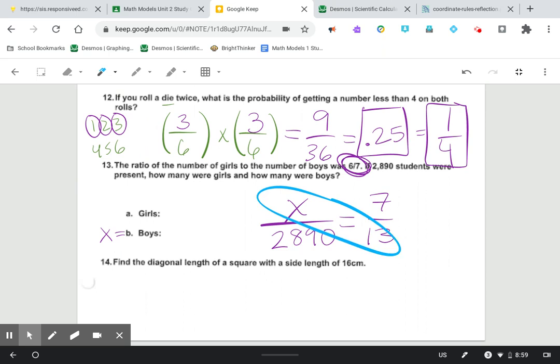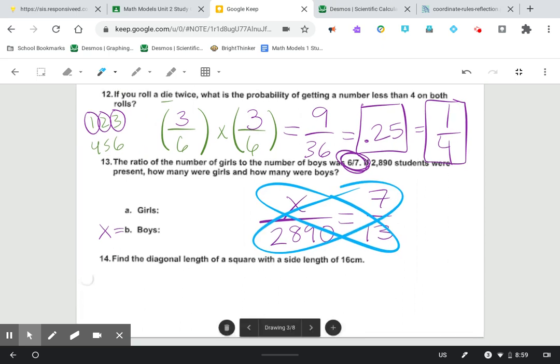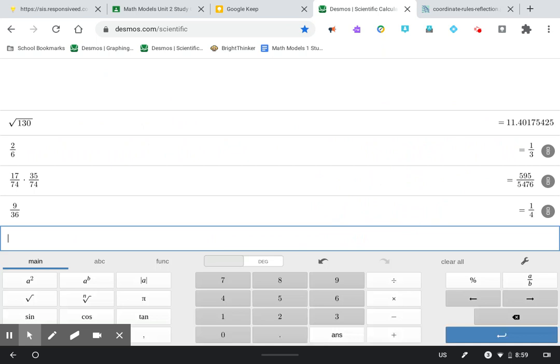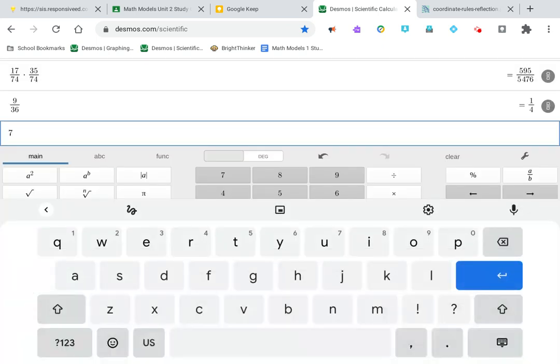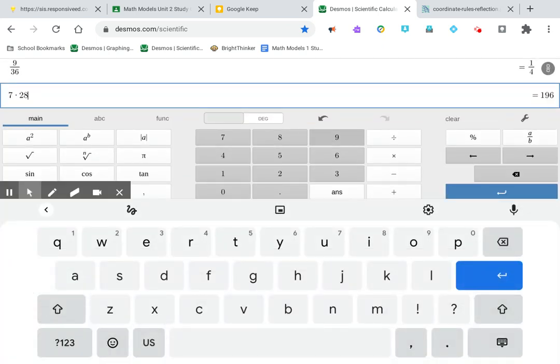Then I'm going to cross multiply. So what that ends up looking like is this. 13x equals 7 times 2,890. Sorry about running out of room there, but I'm multiplying x times 13 and then 7 times 2,890. So let's do that. 7 times 2,890.